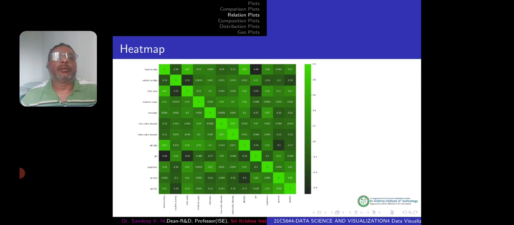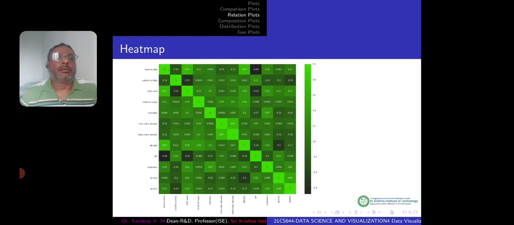So depending on the color shade, look at the palette and then identify how much it is, or just look into the cell. Some numbers are written accordingly, and you can make out, but those numbers don't directly match with the numbers we have here. Sometimes they match, sometimes they may not match, depending on the normalization.